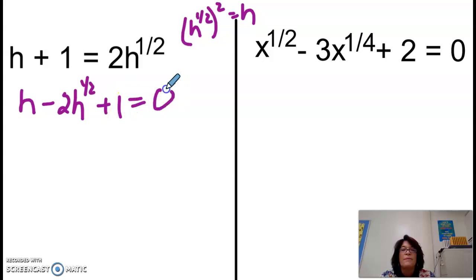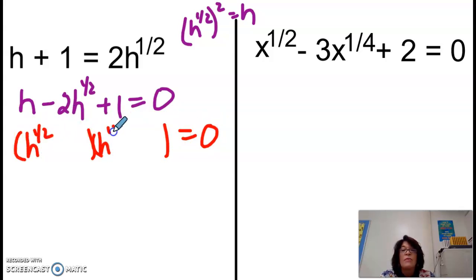So I would want to move my 2h to the 1/2 over by subtracting, okay? And then get it equal to 0. And now it's something like a quadratic. Instead of having h and h here that I'm trying to factor, I have h to the 1/2 and h to the 1/2, right? If I multiply those together, I get h.